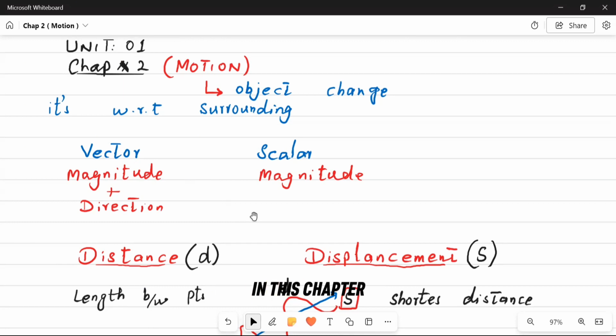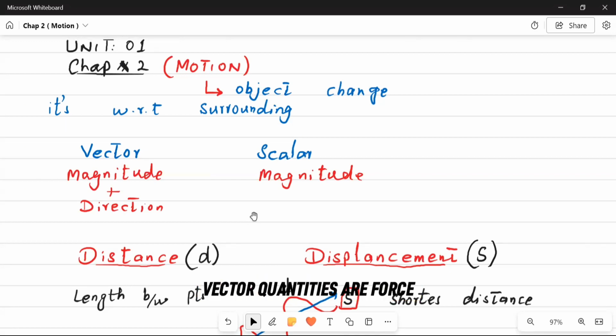So in this chapter, we will discuss the different scalar quantities and vector quantities. You have to understand all the quantities about scalars and vectors. There are many vector quantities and many scalar quantities you have studied in many units.